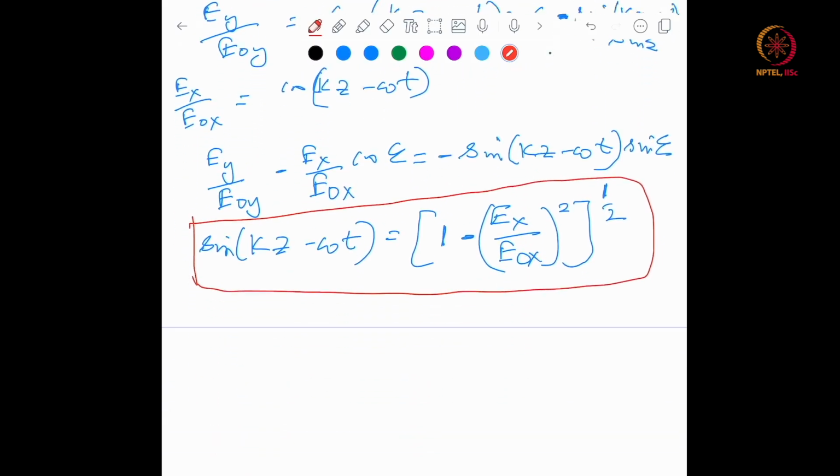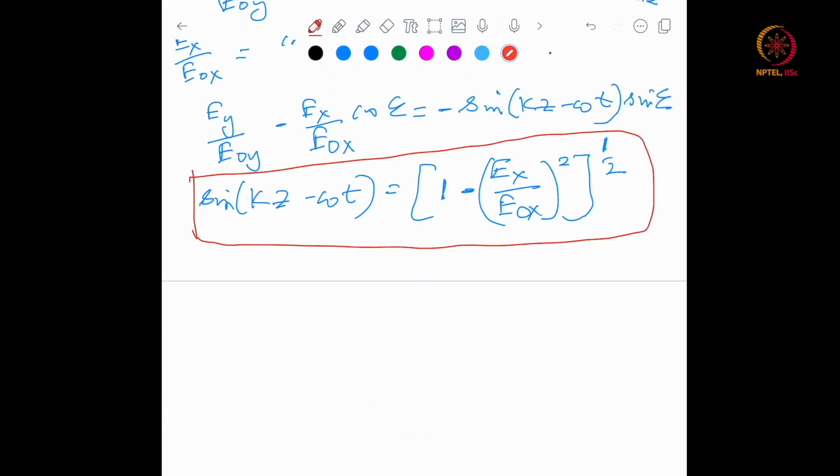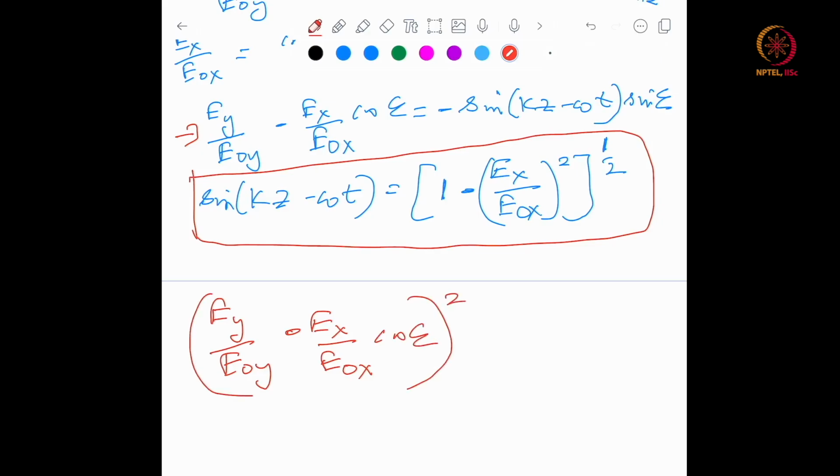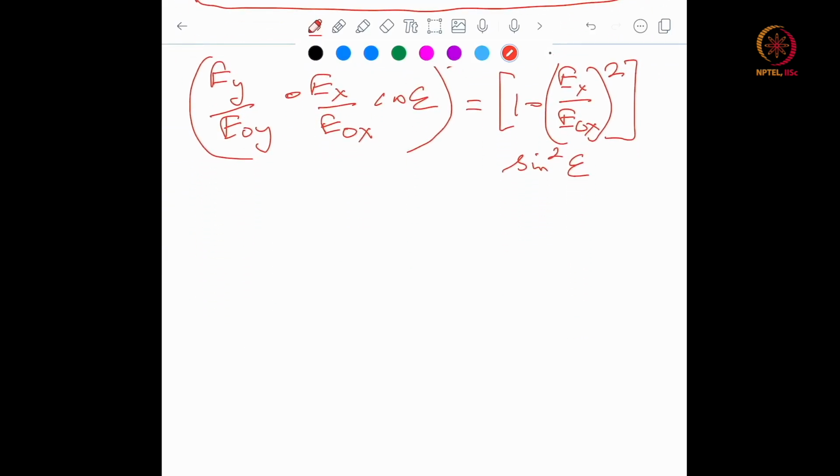Okay, this also leads to, if you look at this expression now, (Ey/E0y − Ex/E0x cos ε)² equal to (1 − (Ex/E0x)²) multiplied by sin² ε.